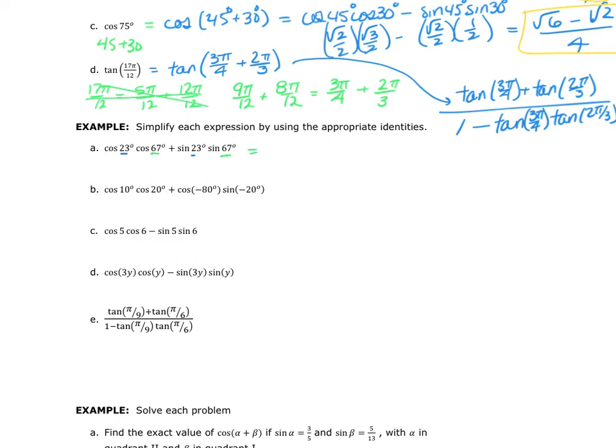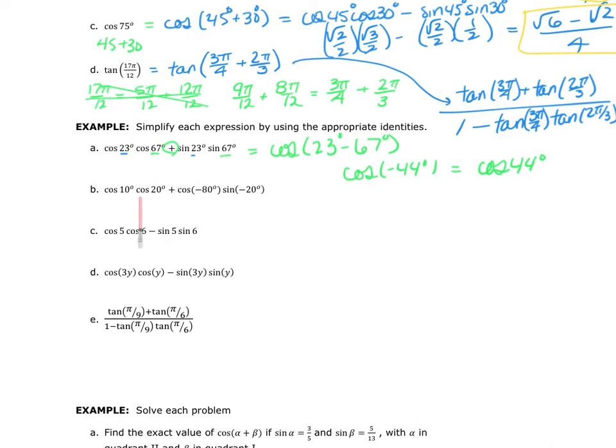Because it's cosine, sine, I know this is the cosine of 23 minus 67, because if it's a plus, it's the opposite sign. So 23 minus 67 is negative 44. So this is the cosine of negative 44 degrees. These are all in degrees. Cosine is even, so this is just the cosine of 44 degrees. I can leave it like that, unless, of course, it says to round, but that's the exact answer.